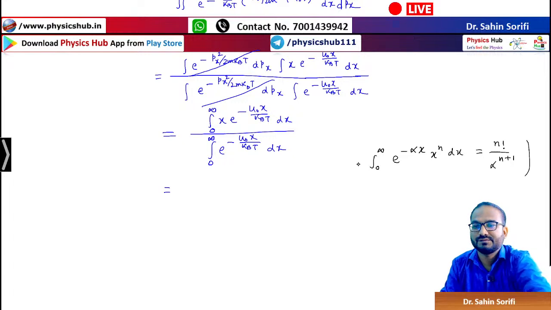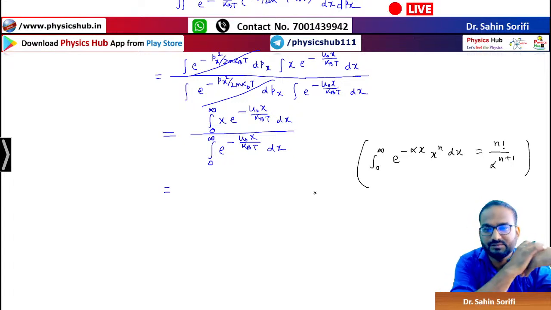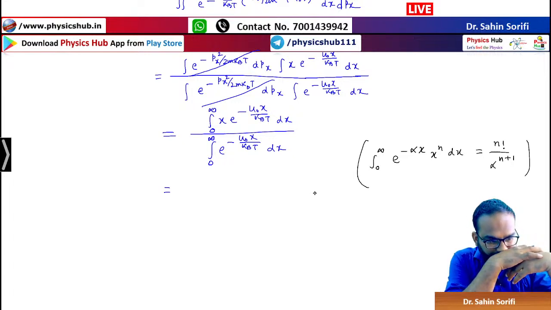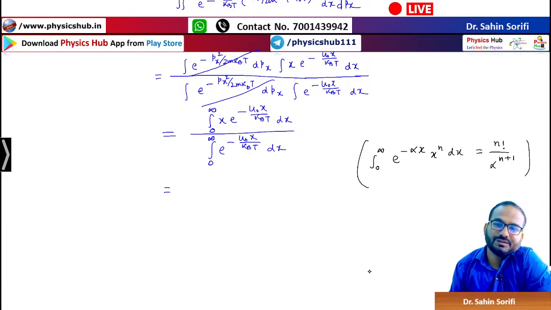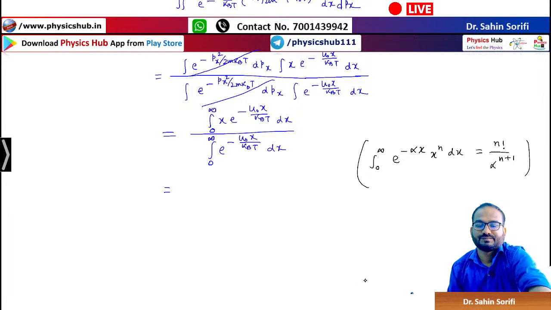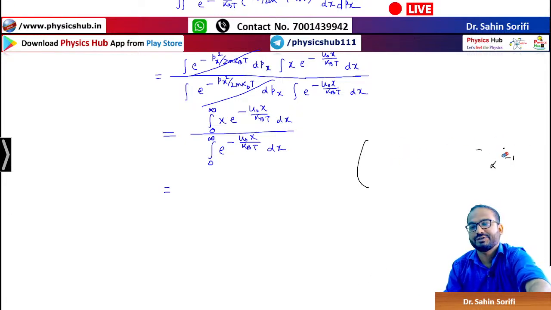In mathematical methods, we have given you all of these formulas. Or if you do not want to use this formula, you can do another thing. You can use the gamma integration.